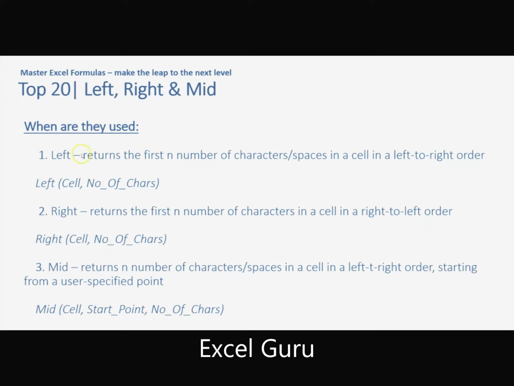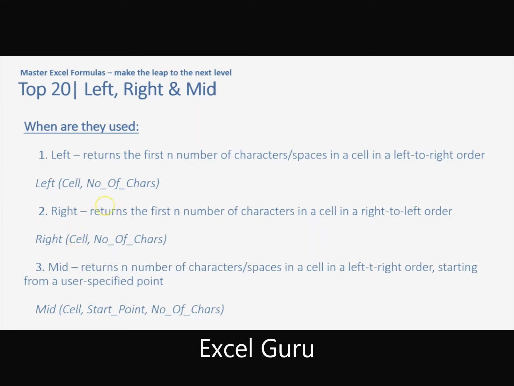The LEFT formula returns the first n number of characters, or spaces of course, in a cell in left to right order. The structure of the formula is, first we need to enter the cell, and after that we need to specify how many characters we need to extract from that cell.